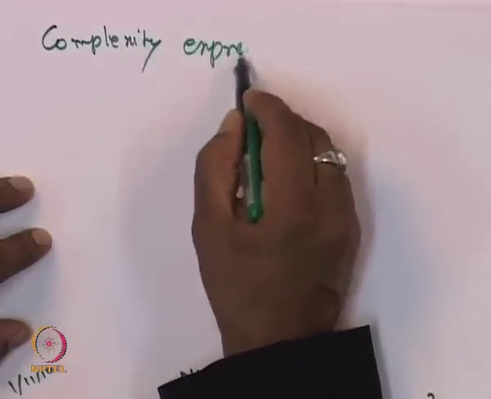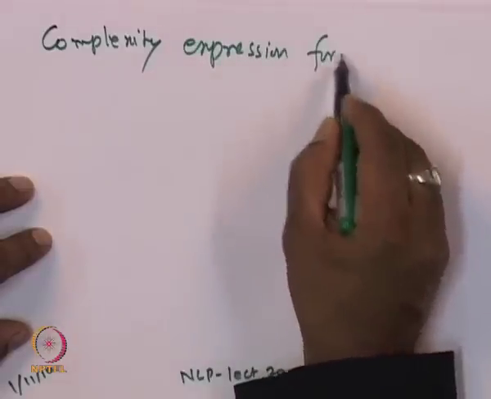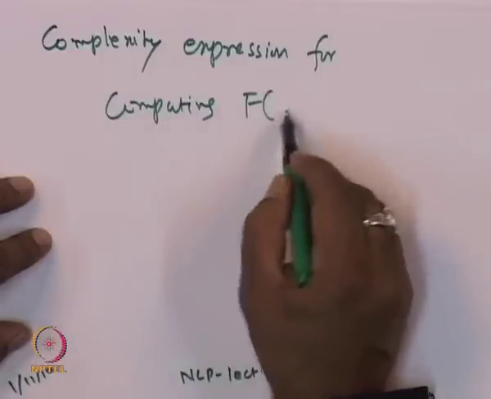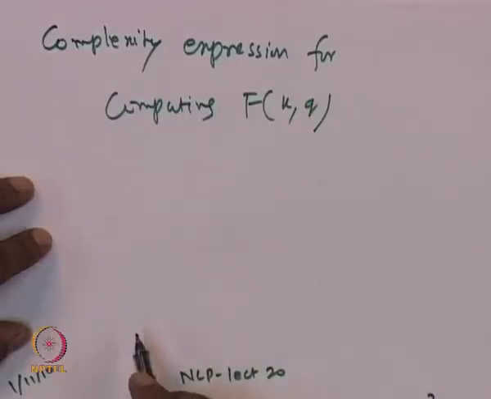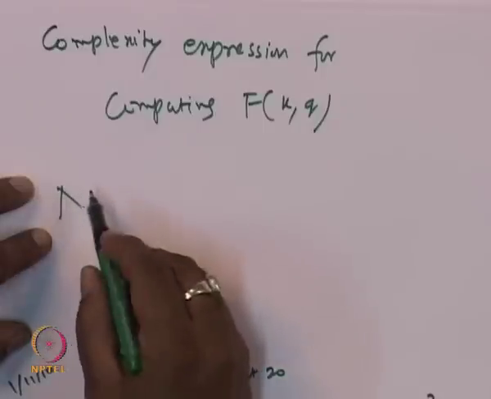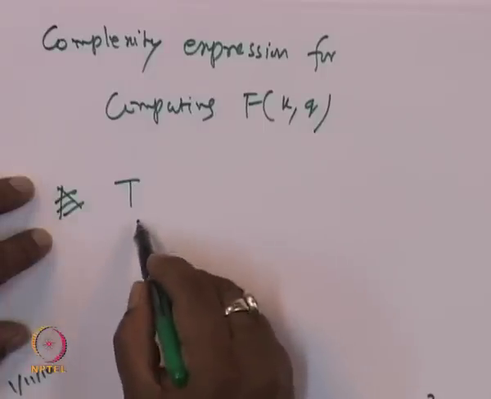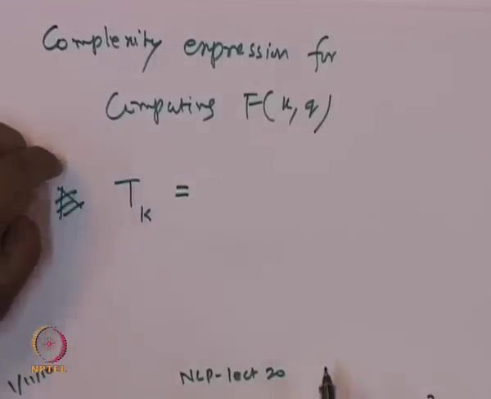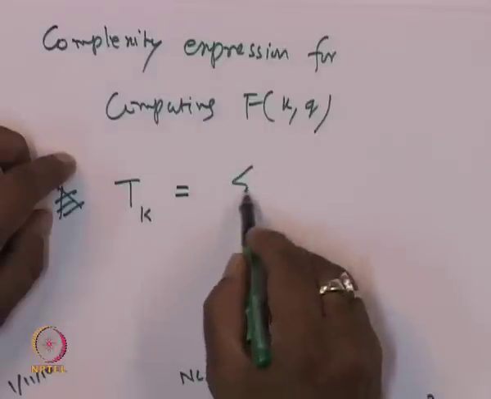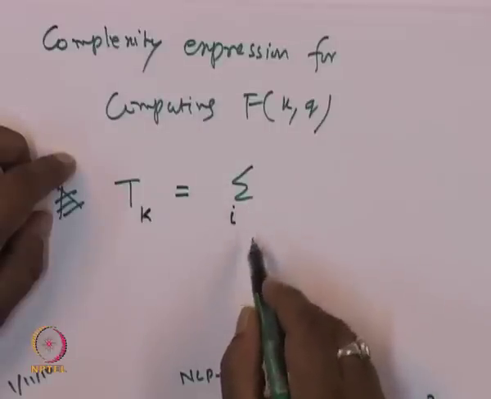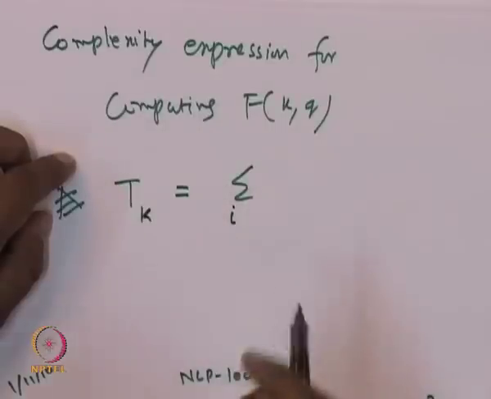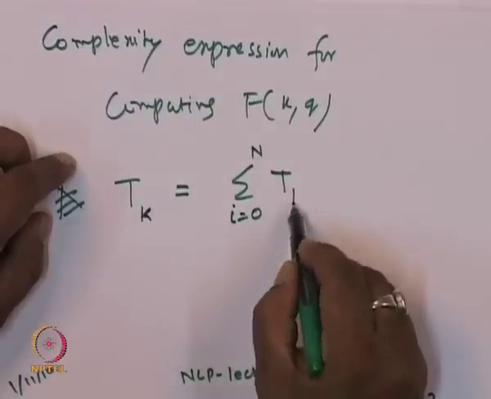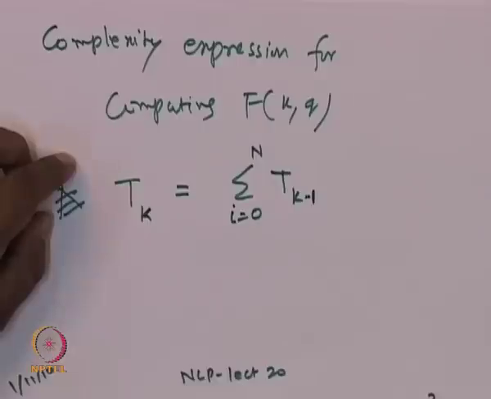Complexity expression for computing f(k, q). Let us call this T(k). T(k) is clearly equal to the sum over i equal to 0 to n of T(k-1).